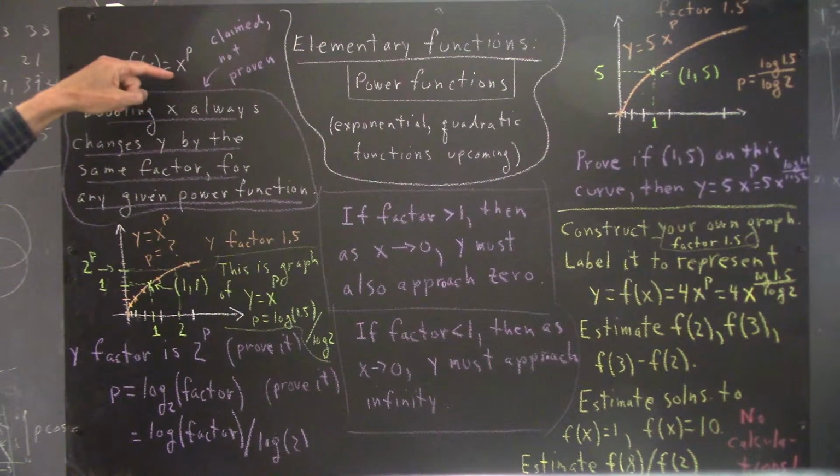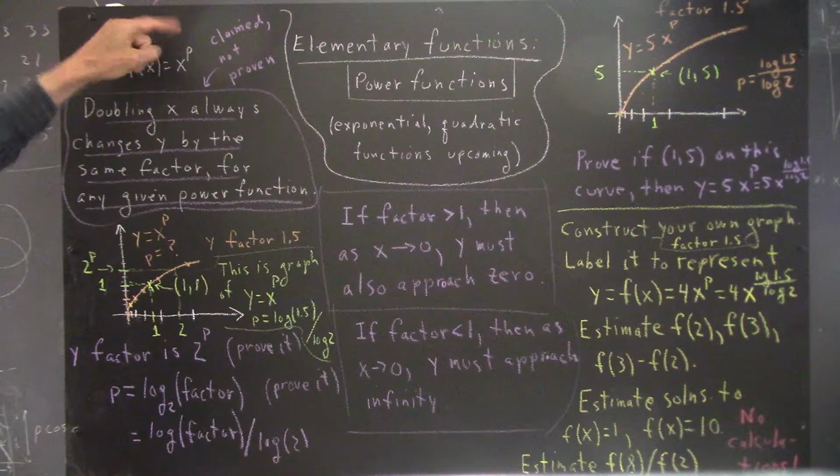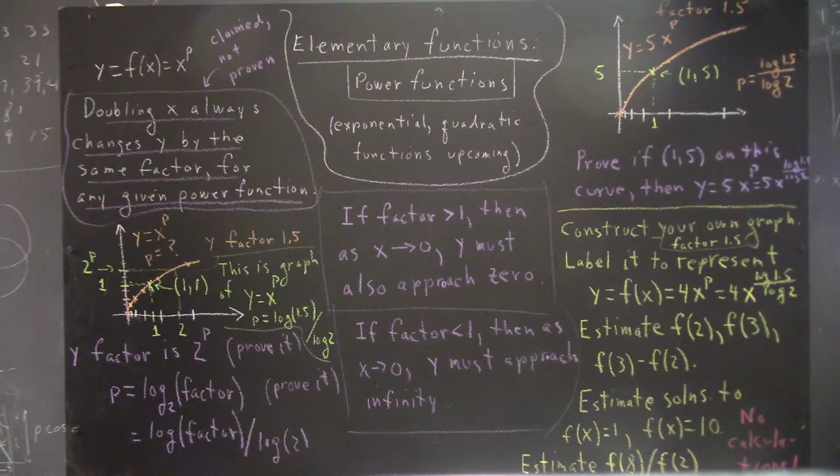Why? Because 1 to any power is what? 1. No matter how many times you multiply 1, you still get 1. And that even goes for fractional multiplications. Multiply 1 by itself 1.7 times. Well, that's another discussion.